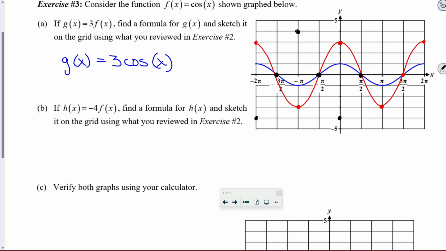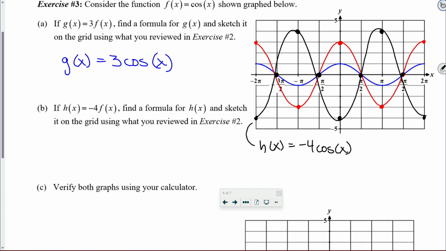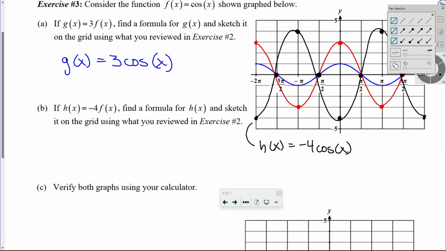Here a y value of negative 1 will become a y value of positive 4, fixed, and negative 4. So now we will have that. All right, let me just label that h of x equals negative 4 cosine x.